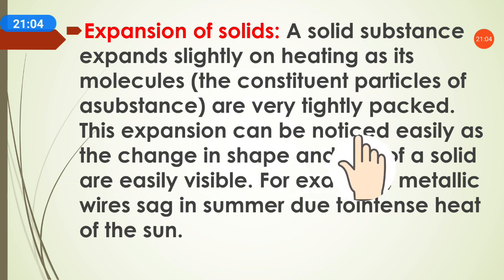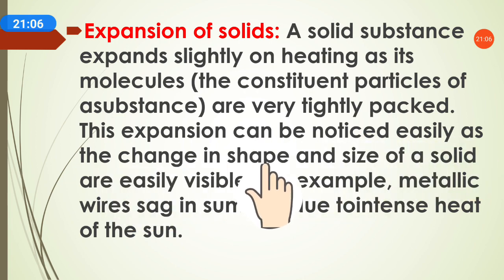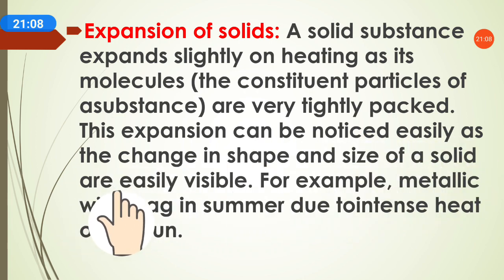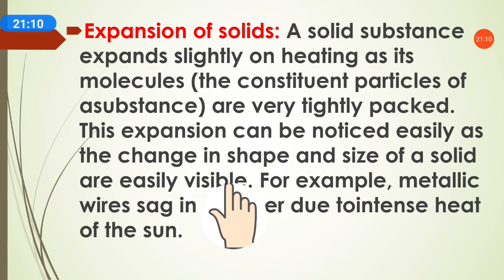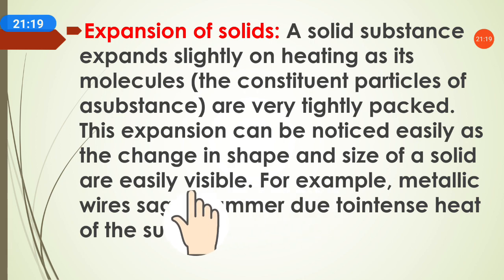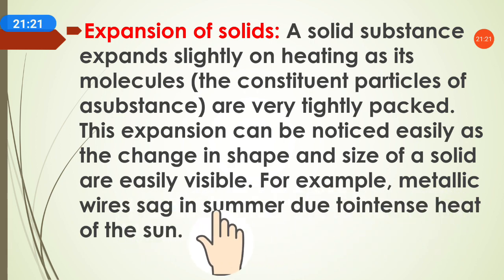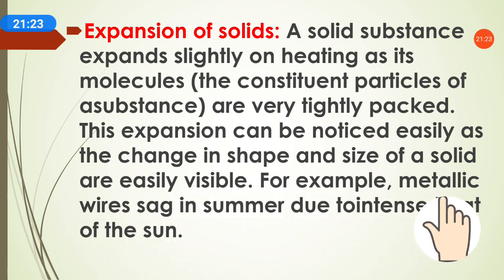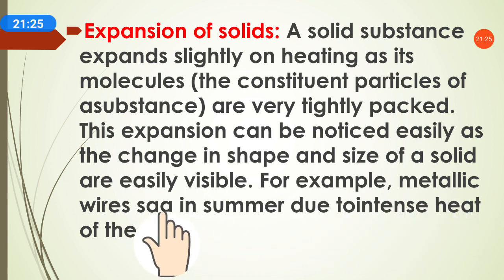This expansion can be noticed easily, as the change in shape and size of a solid is easily visible. As you heat any solid, you can see this expansion in the form of a change in its shape or size. For example, metallic wires sag in summer due to the intense heat of the sun.